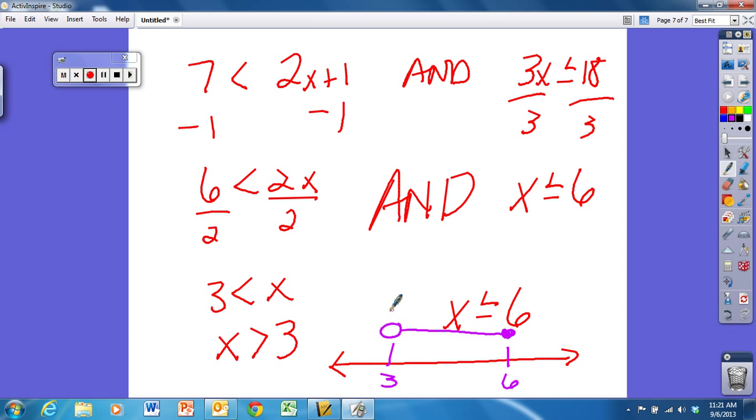Make sure you don't do this, because what that says is all the answers this way and all the answers this way, which is essentially all real numbers, which that's not true. The answer has to be between 3 but not including 3, and less than 6 but possibly 6. So this is how an and inequality should look, with two endpoints connected in the middle.